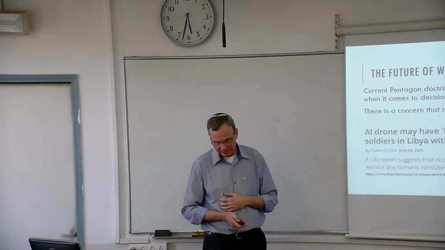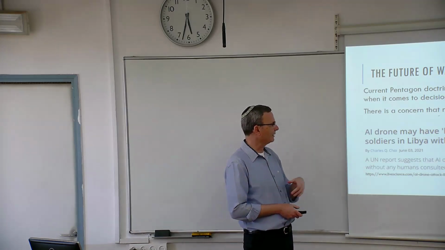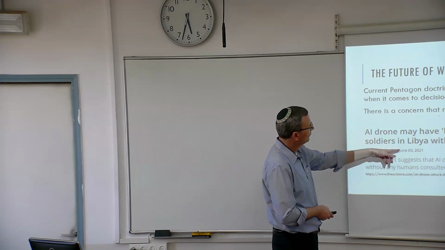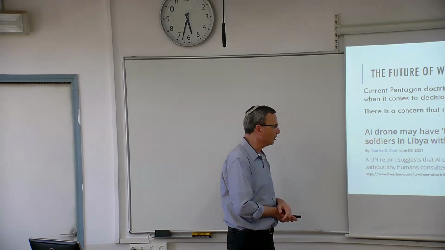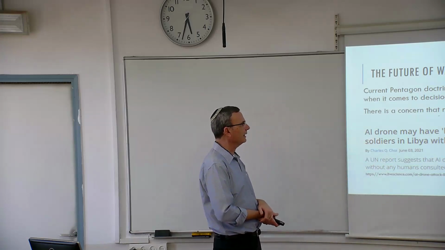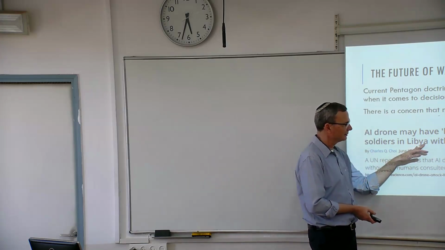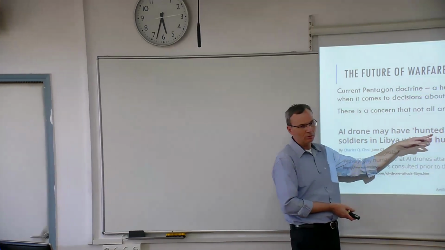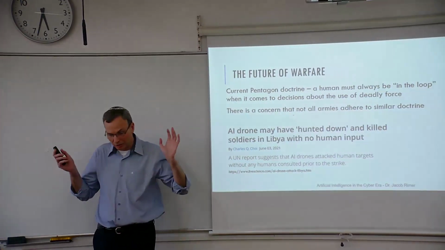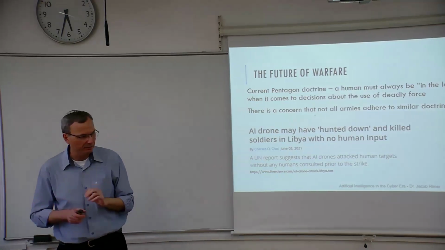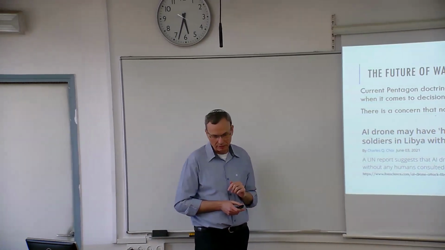By the way, there is a story from about 3 years ago that an AI drone hunted down and killed a soldier in Libya with no human input. I don't know if this is true, but at least there are reports on this.